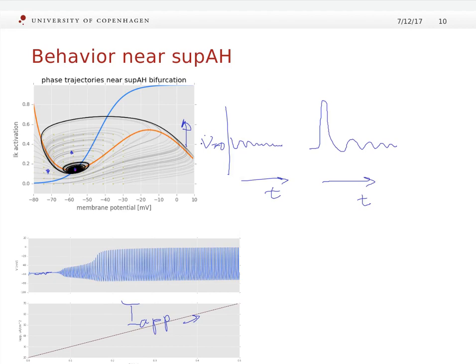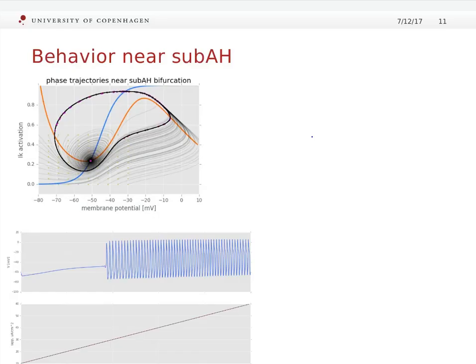Right, next let's see what happens near subthreshold Andronov-Hopf bifurcation. And again, this system is bistable.